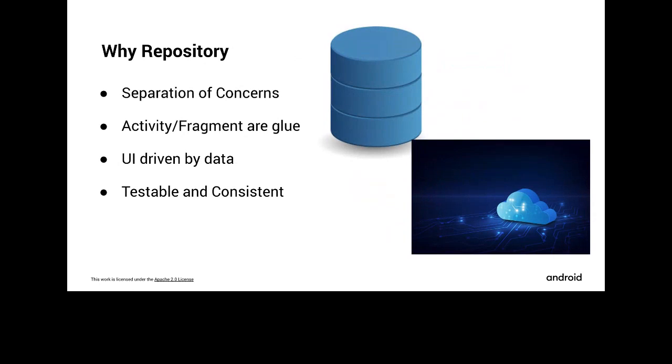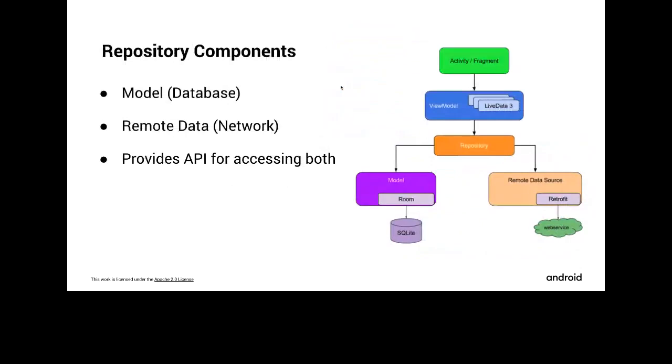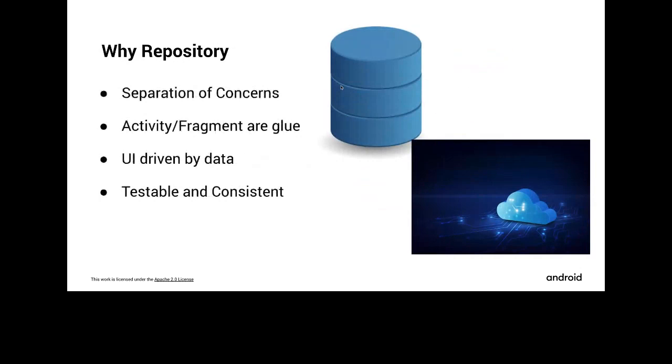And that goes into why you would want to use a repository. You want to have this separation of concerns between these components back here. You don't want your repository to care anything about your UI. And you want that because at any given point, a part of your app can change.